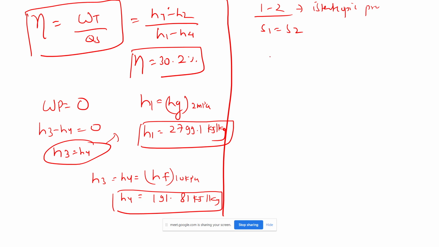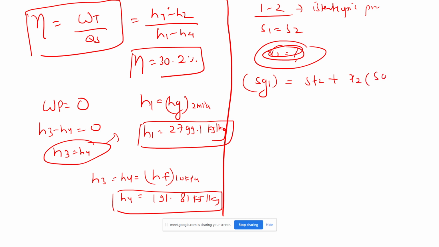From here we have to calculate the dryness fraction at point 2. S1 is the saturated vapor Sg at point 1, which equals Sf2 plus X2 into Sg2 minus Sf2. What is the value of Sg1? 6.3468.